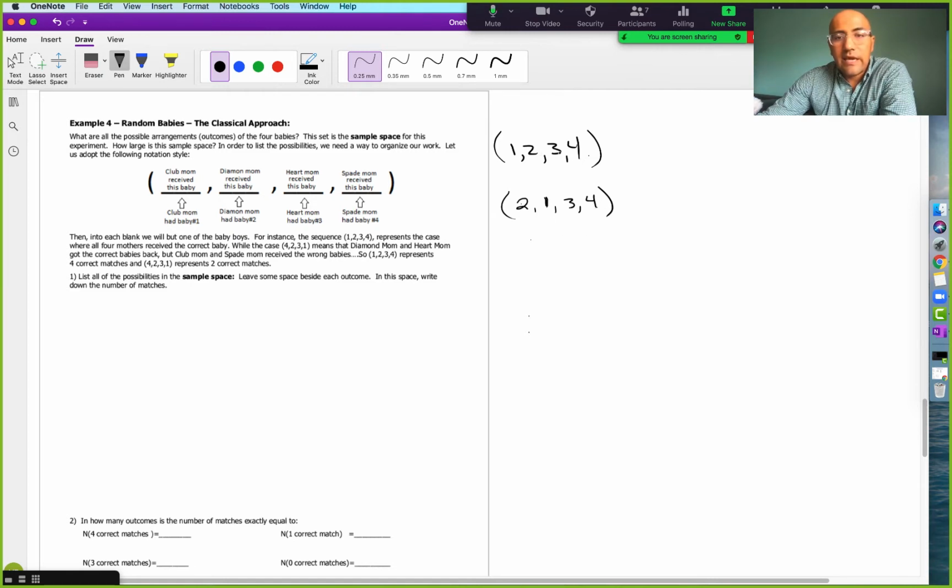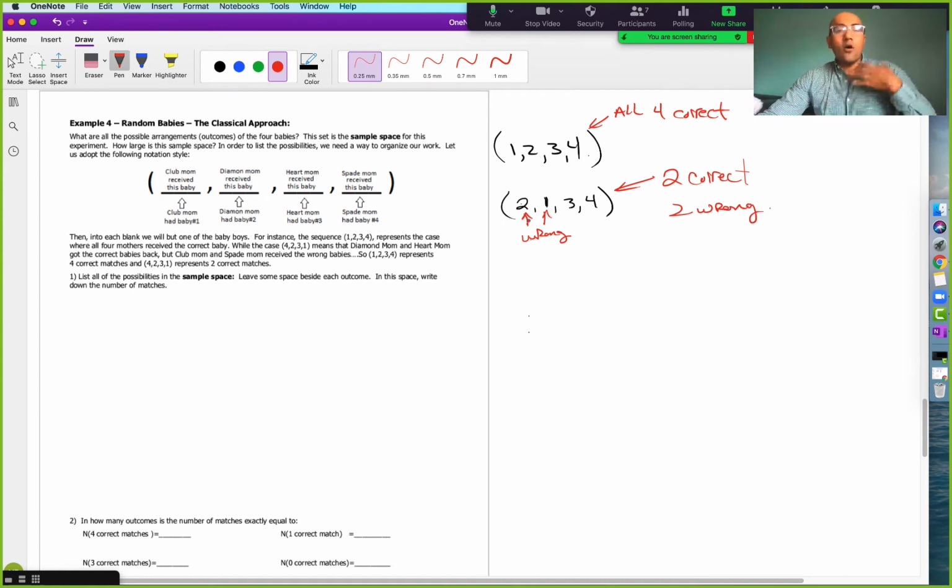So this indicates all 4 correct. Whereas this is indicating that this one is wrong, and these 2 are correct. So this is the case where 2 are correct and 2 are wrong.